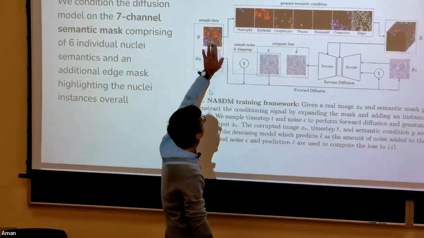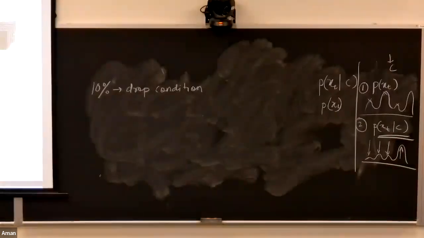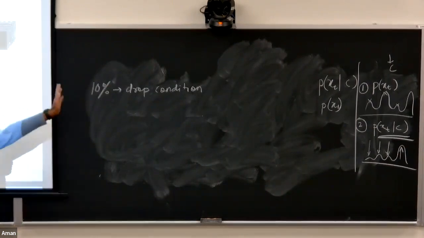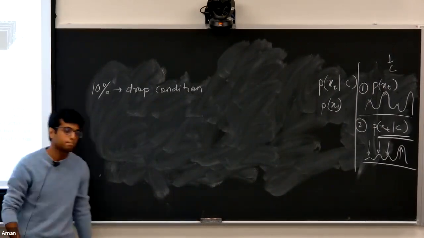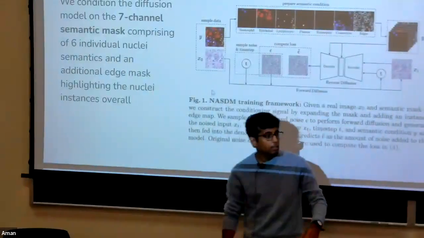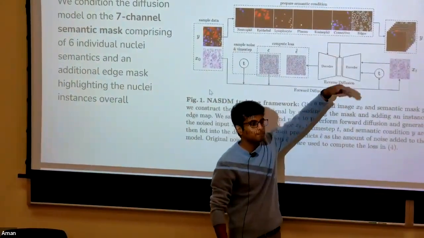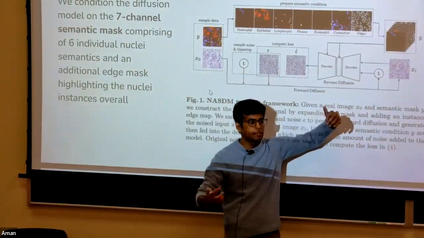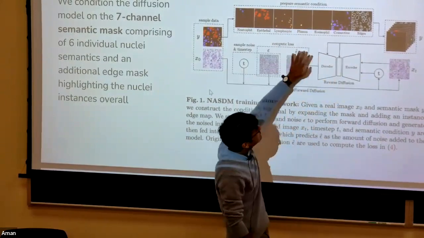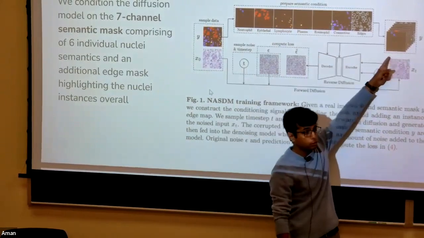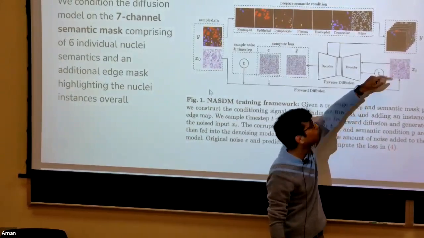So you split this into a 7-channel mask where the first 6 are 6 different types of nuclei, and the seventh channel is just the edges, and that is to make sure that the model understands where each of the nuclei boundaries are, right? So this 7-channel mask is then composed into the 7-channel conditioning signal Y.